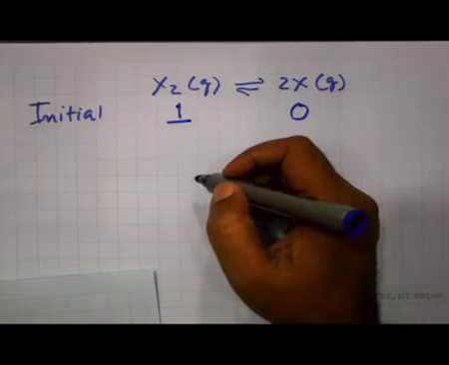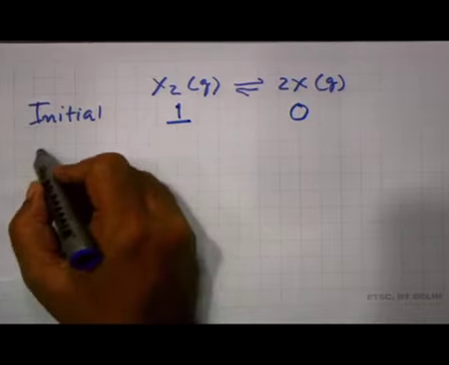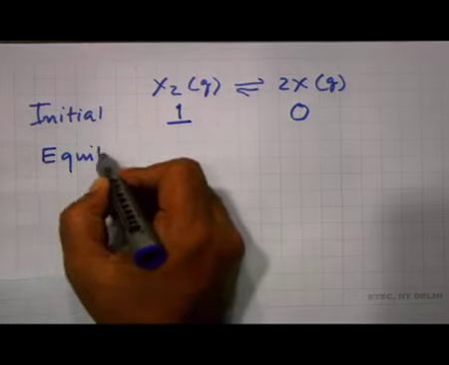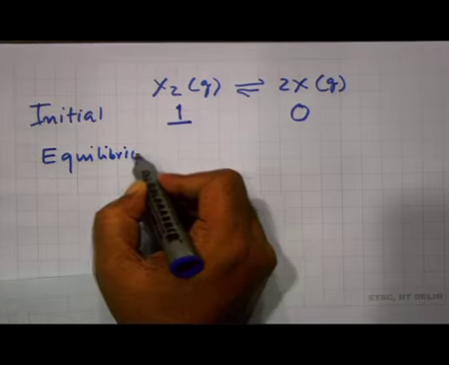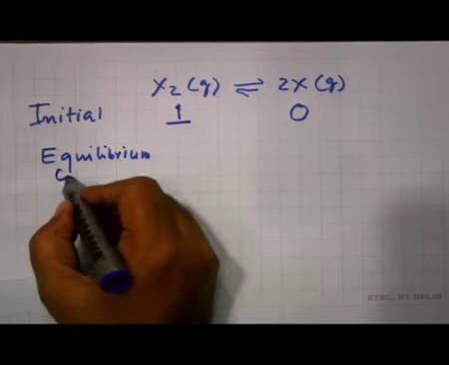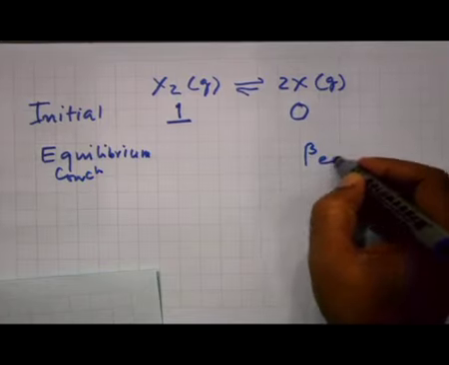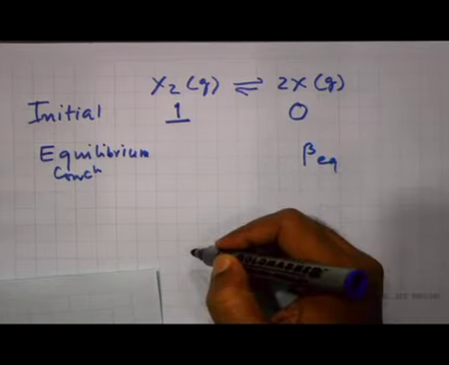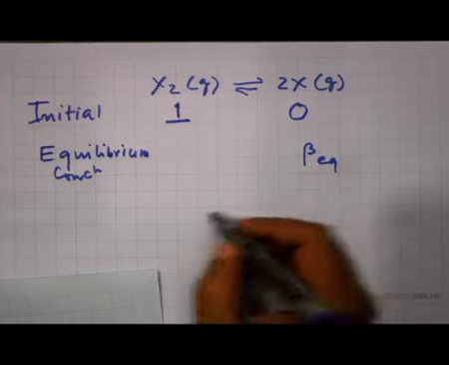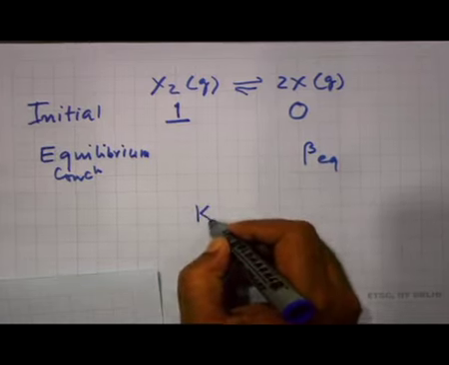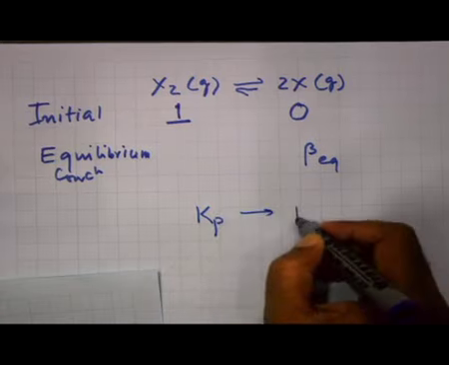And what we know additionally is the equilibrium concentration of this, and this is beta equilibrium. Okay. And now, the question asks what is the value of Kp in terms of beta equilibrium.